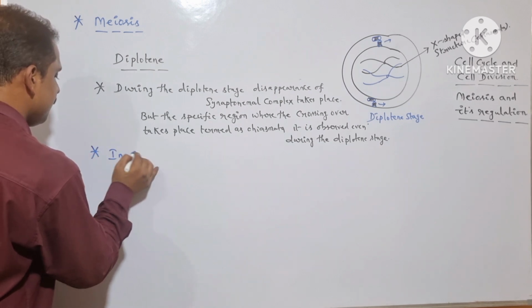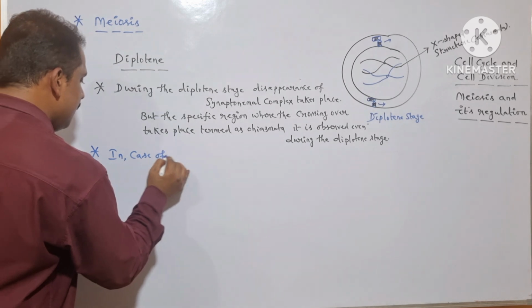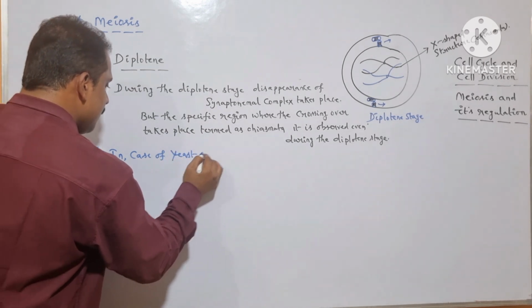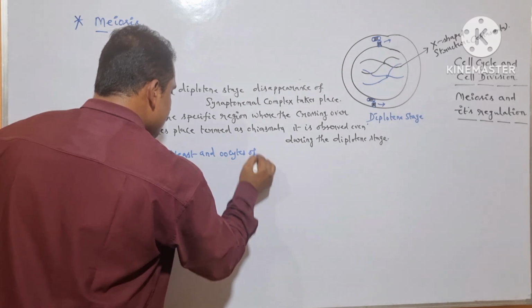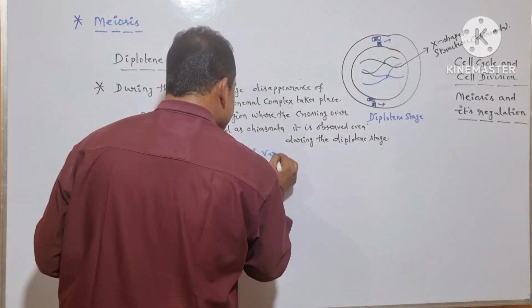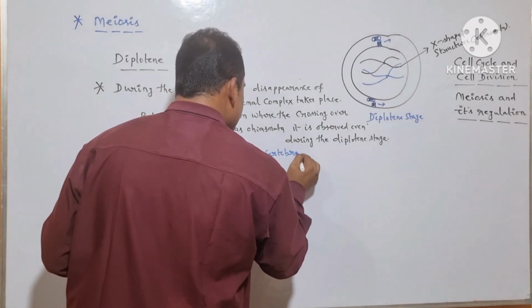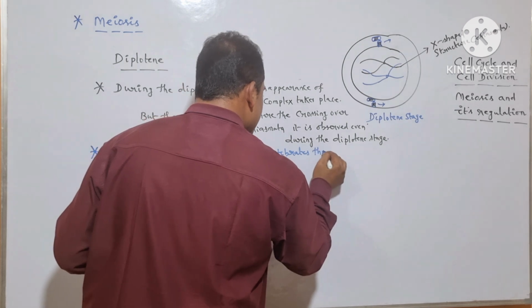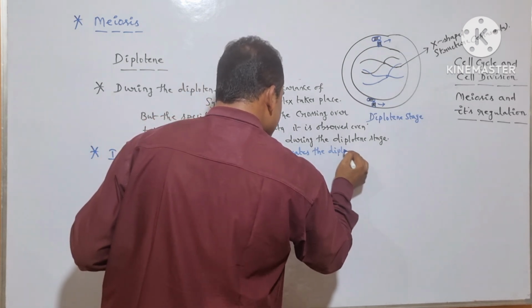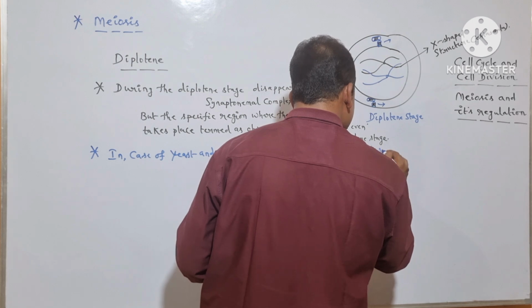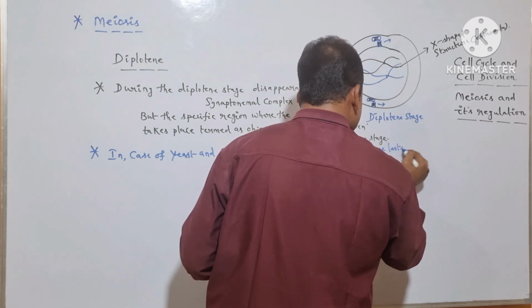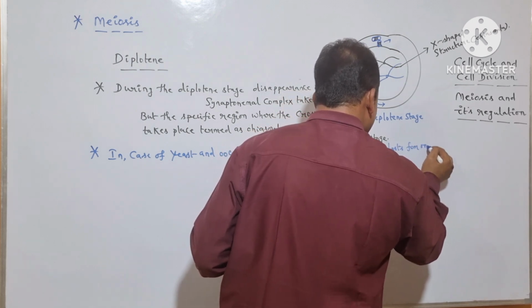In case of yeast and oocytes of vertebrates, the diplotene stage lasts for 1 month.